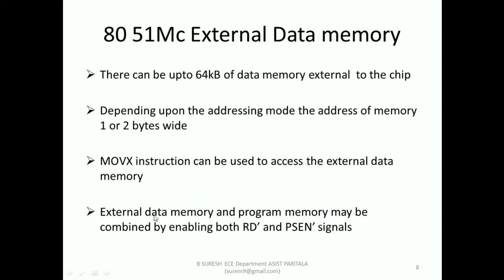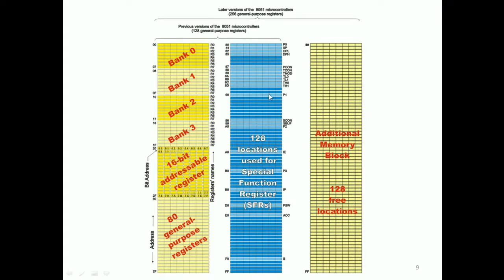So here, external data memory and program memory may be combined by enabling both read bar and program store enable signals. And this is the memory organization of the 8051 microcontroller.